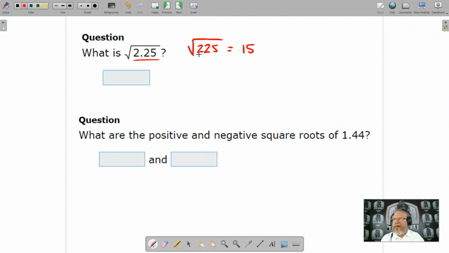The square root of 225 is 15. But I don't need 225. It's not my radicand. My radicand is 2.25. In this case, I know I need 2 decimal places. So what if I put the decimal there, get 1 decimal place here. That means I'm going to take 1.5. Instead of 15 times 15, I'm going to do 1.5. Same numbers, just the decimal has been moved over 1 place.